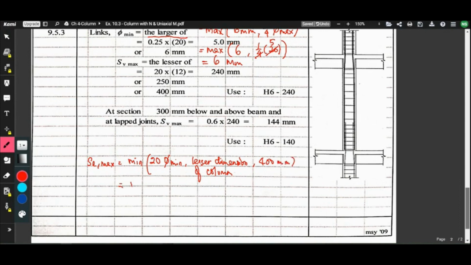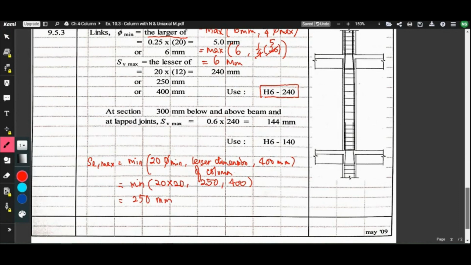So that would be the minimum of 20 times 20, which is 400, the lesser dimension 250, or 400. So the minimum would be 250 mm. So we can provide H6 at 240.